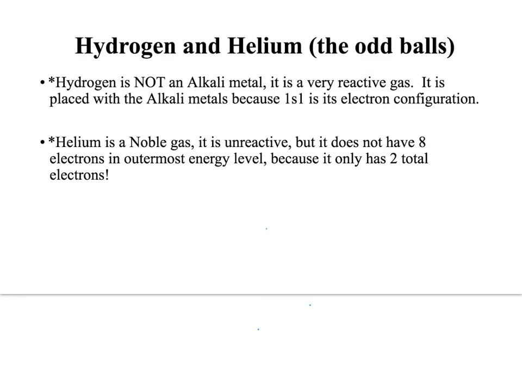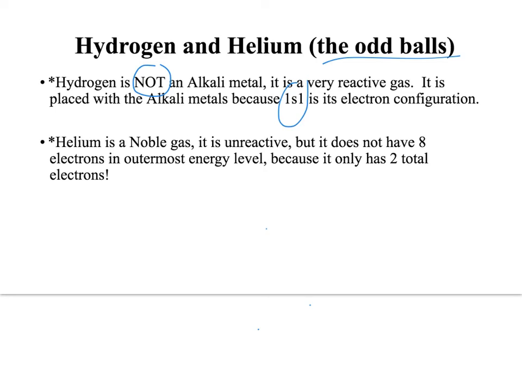So that brings me to hydrogen and helium, which we call the oddballs, and that is because they're up there all by themselves. Even though hydrogen is in group 1, we absolutely know that it is not an alkali metal. The only reason that it's put there is because of the 1s1 electron configuration, so it matches in there.